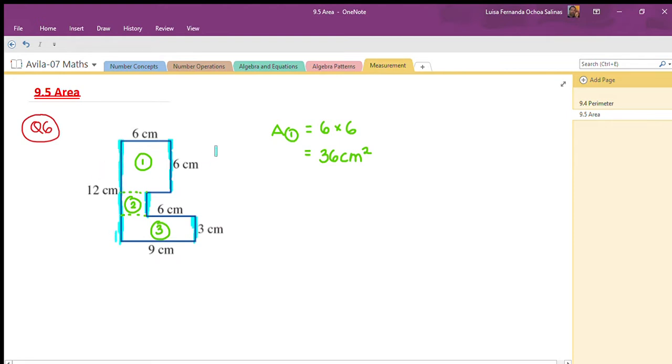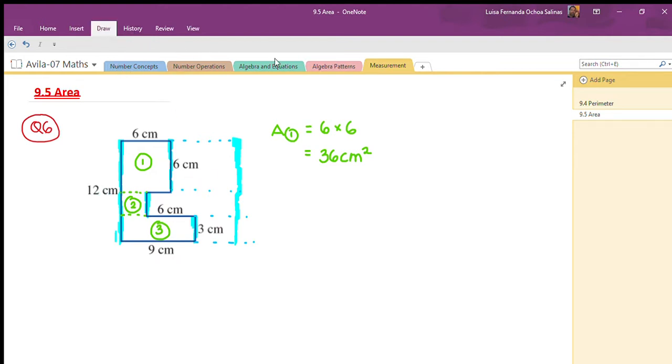Agree? So maybe this will help you a little bit to visualize this one. If I project it here, and I know this side, and this side, and this side. Agree? And I highlight it with the highlighter that I used before. You agree that what I just highlighted here is equal to 12 centimeters, agree?